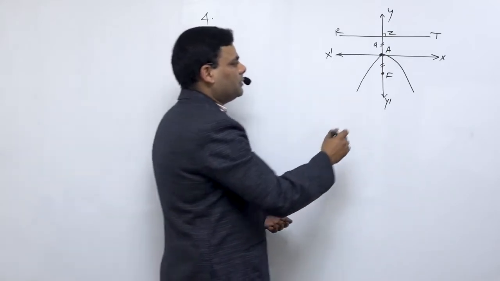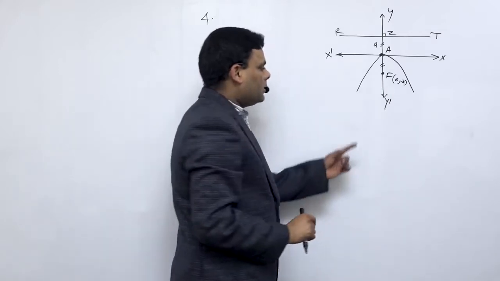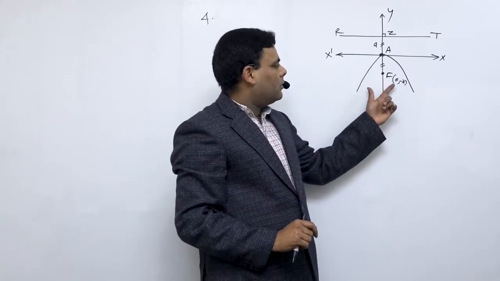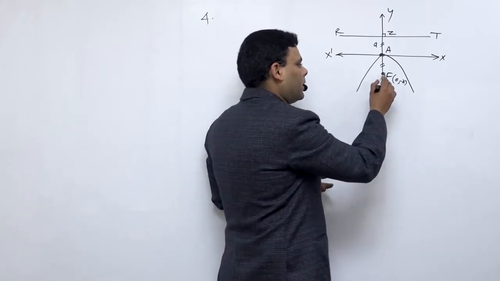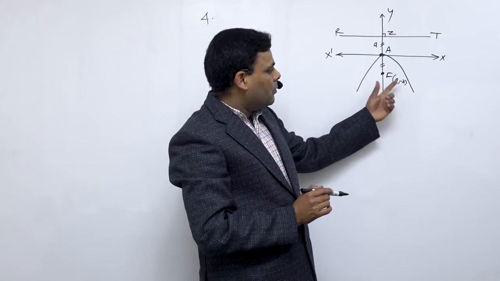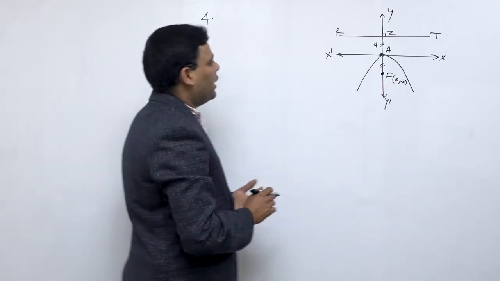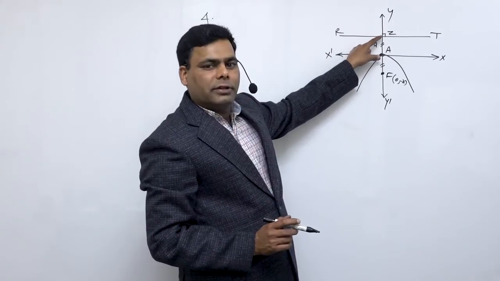Then the coordinates of the focus in this case will be 0 comma minus a, because on the y-axis the x coordinate is 0 and F lies along y dash. The equation of the directrix will be y equals to a.